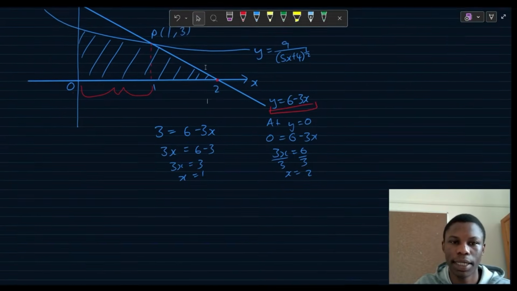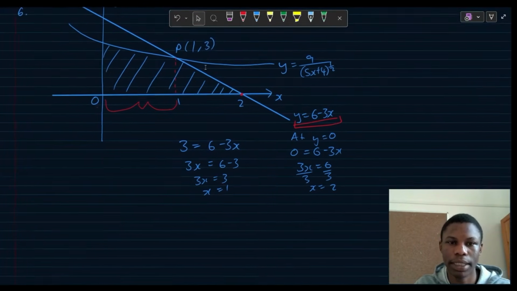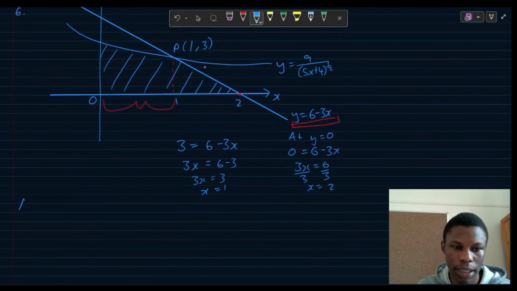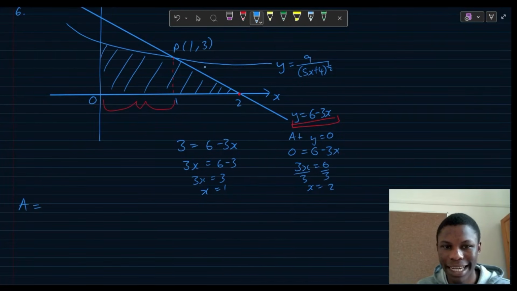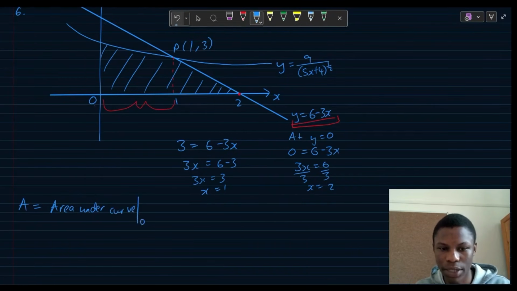Okay. And so like we've just explained here, to get our area, it's going to be area under the curve from 0 to 1, plus, once we pass 1, our shaded region is now bound by the line.